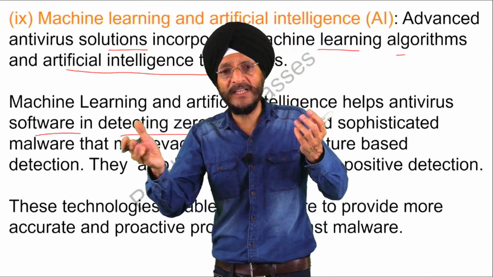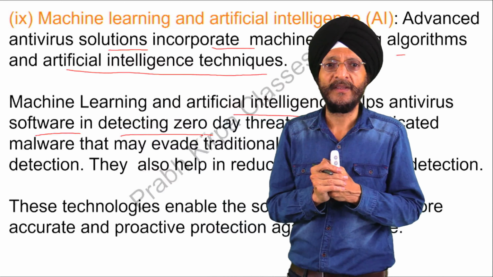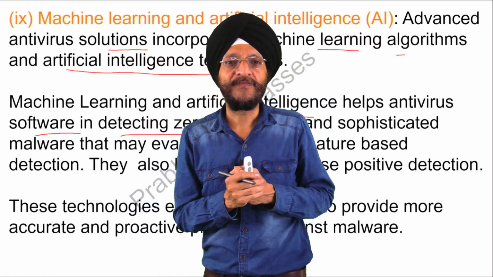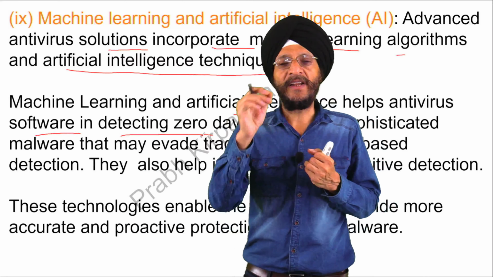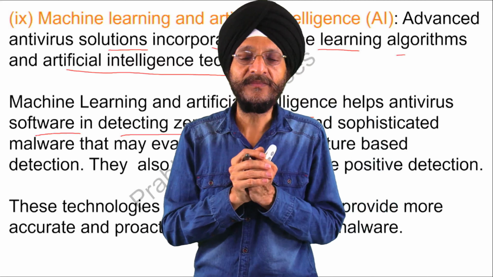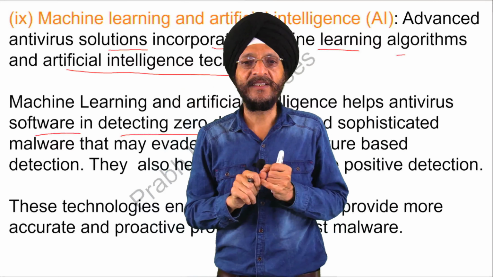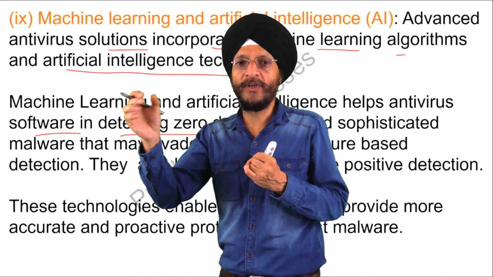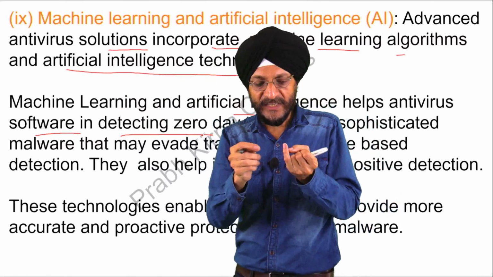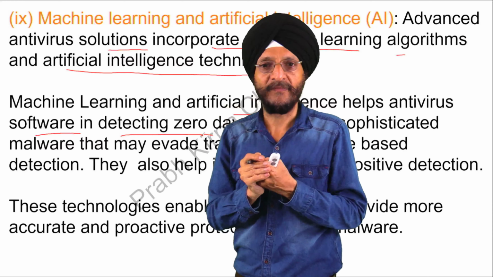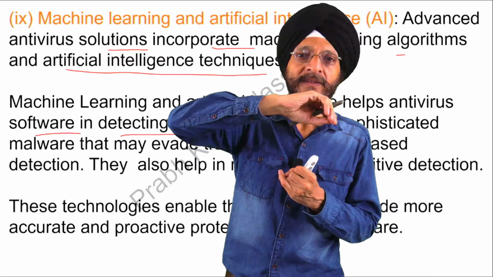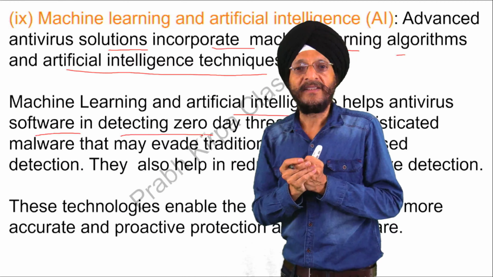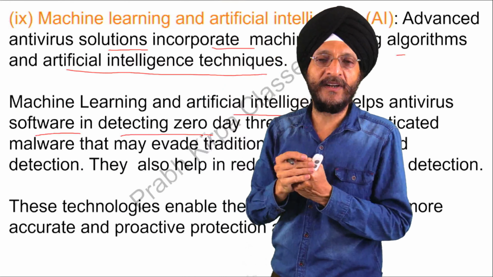What is the meaning of false positive detection? To understand the same, we take an example. Suppose there is a criminal in the market or in your country who has some finger cut, and the intelligence reports say that the criminal may escape out of the country.